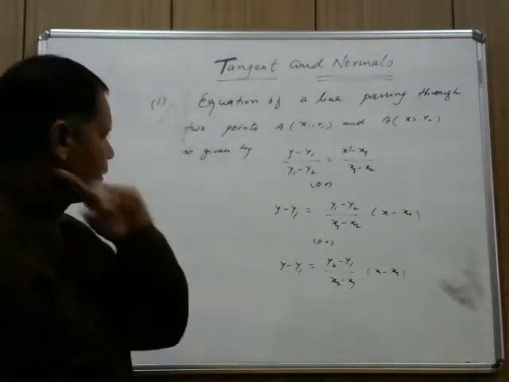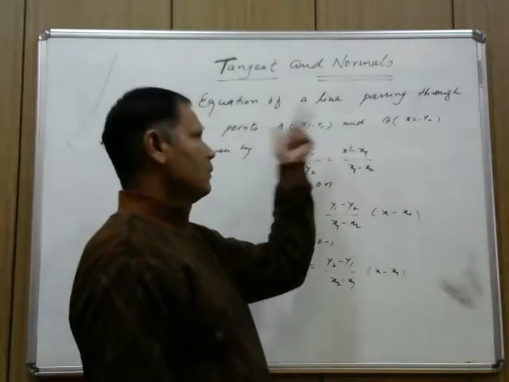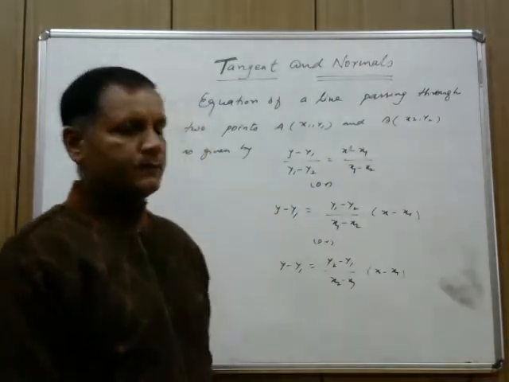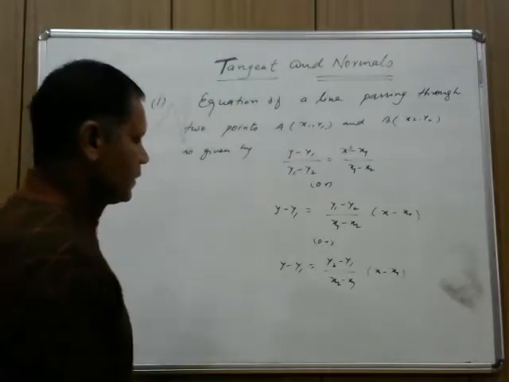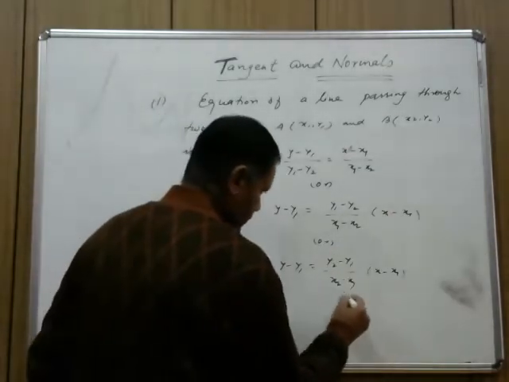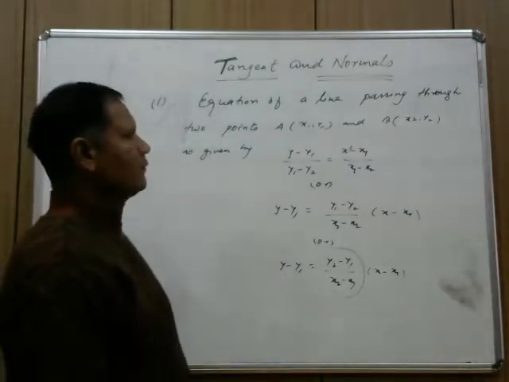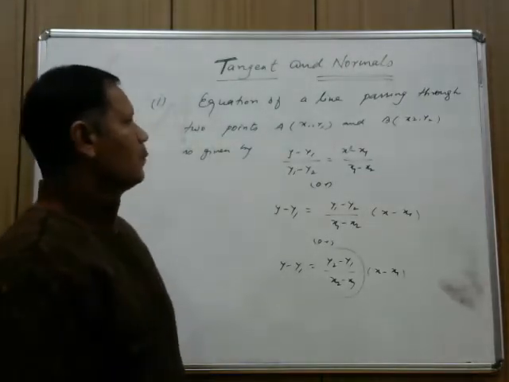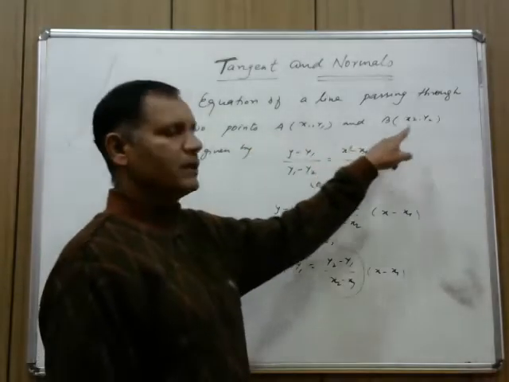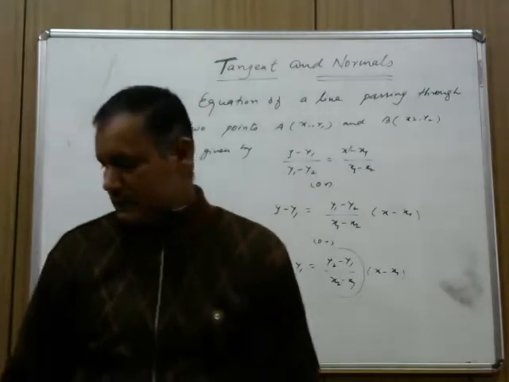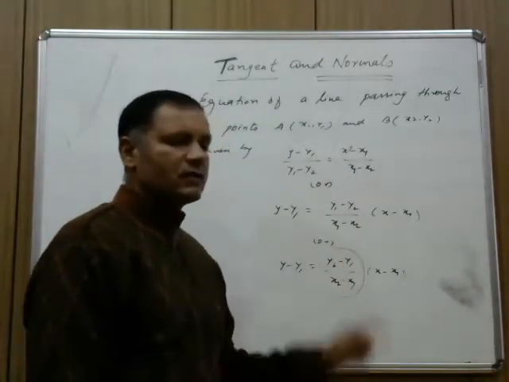This is the equation of a line passing through two different points having coordinates (x1, y1) and (x2, y2). Right? This is known as the slope. This also you have to remember. The slope of the line passing through two points A (x1, y1) and B (x2, y2) is given as difference of y coordinates upon difference of x coordinates.